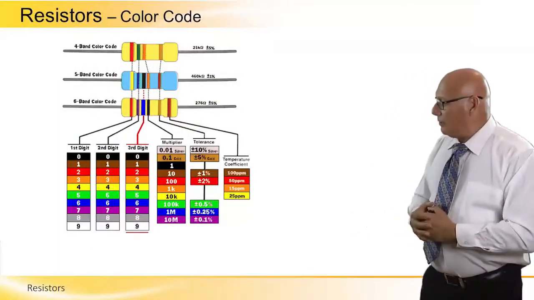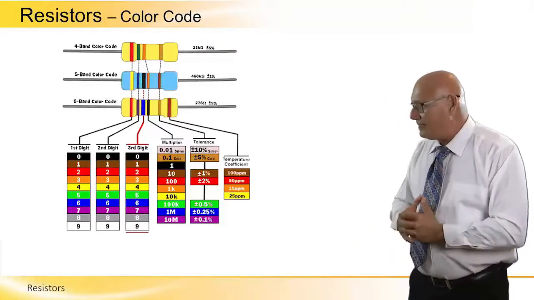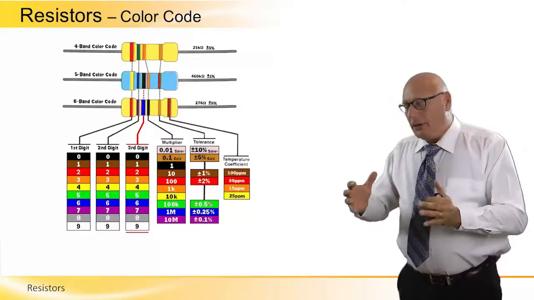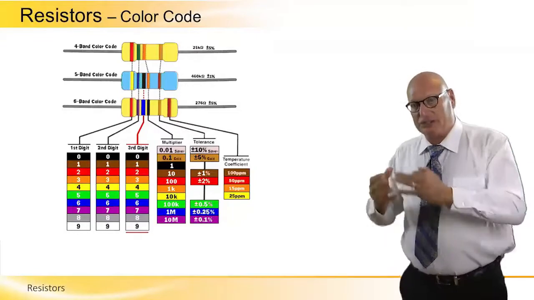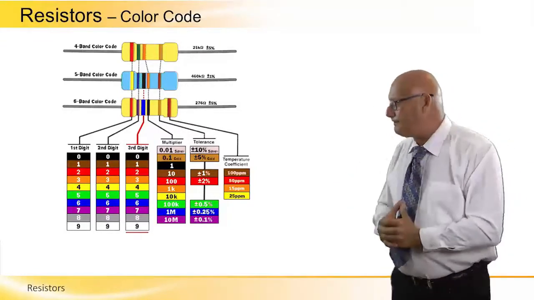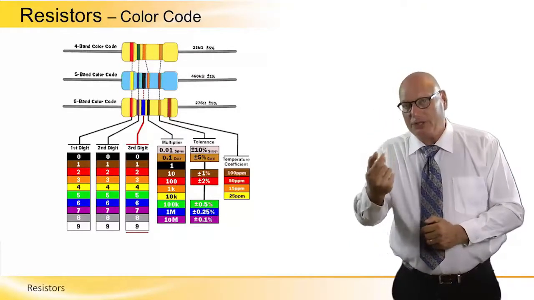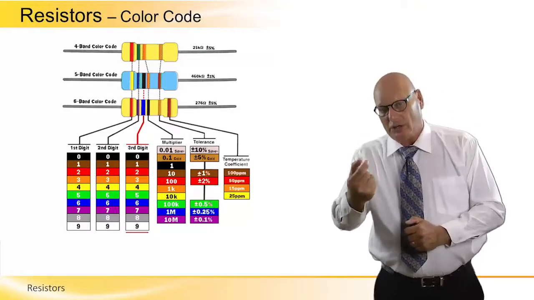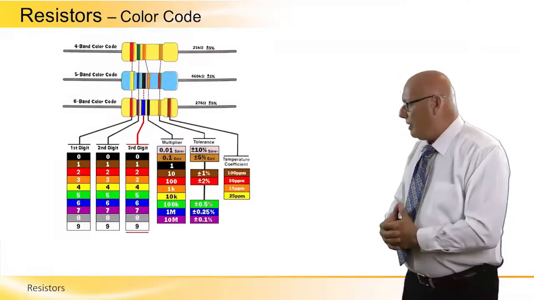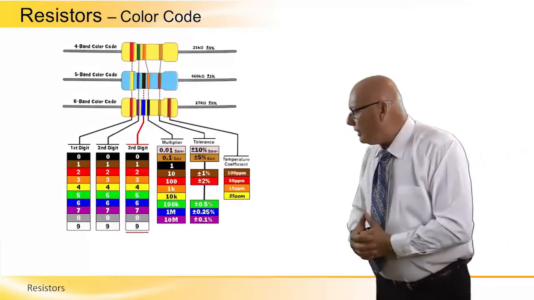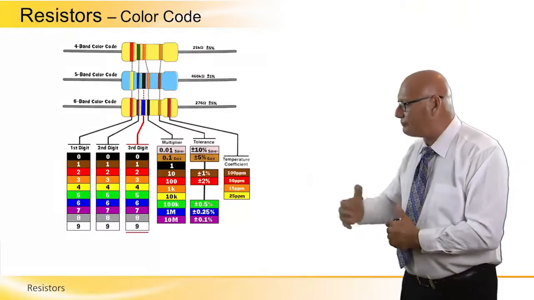And we mentioned before the color code of the resistors. Let's look at this. There are certain codes by which everyone who deals with resistors, designers, users, technical maintenance people, when they see a resistor, can read and understand its value in terms of ohms. How many ohms does this resistor have? And we have a 4-band color system, a 5-band color system, and a 6-band color system.